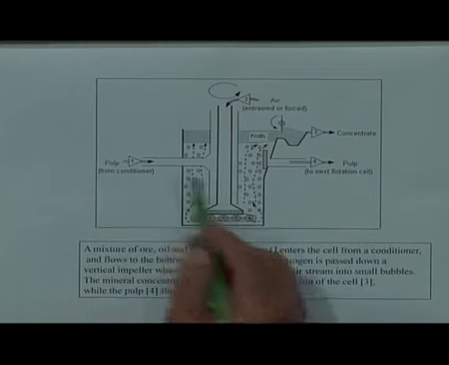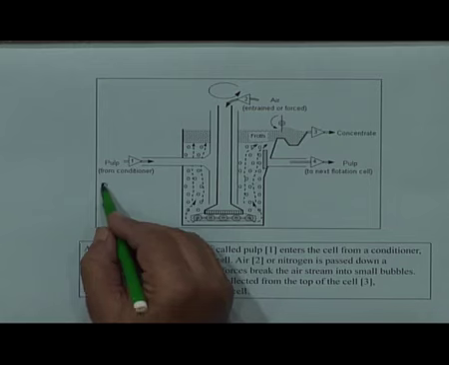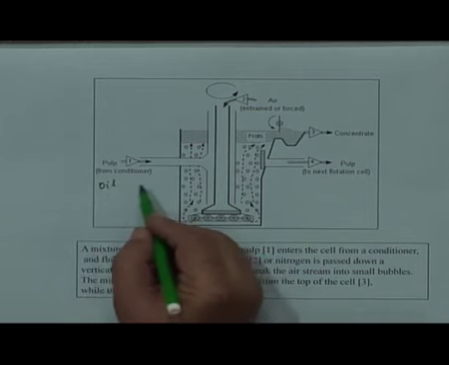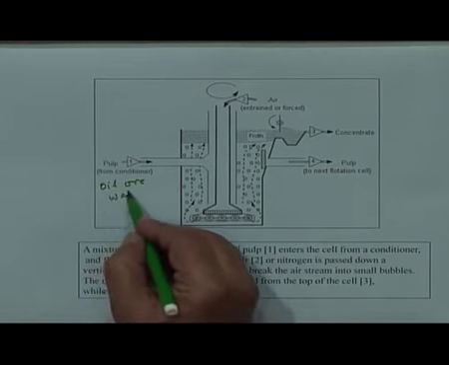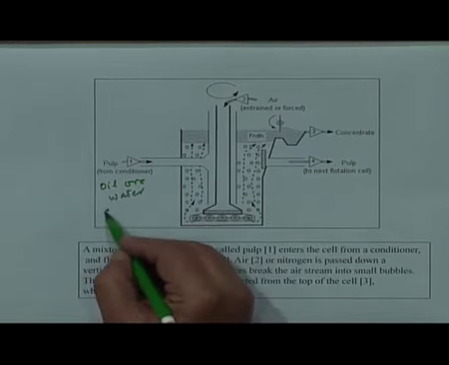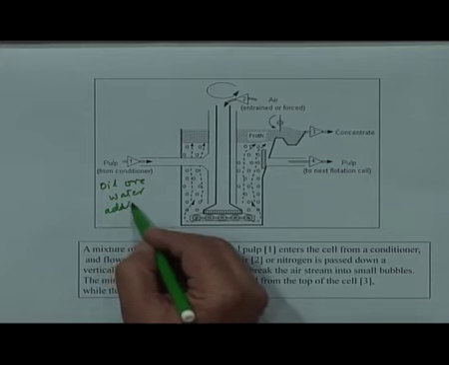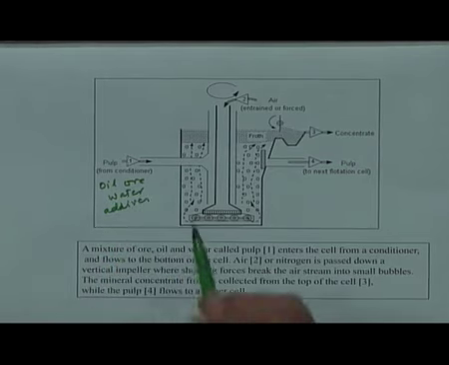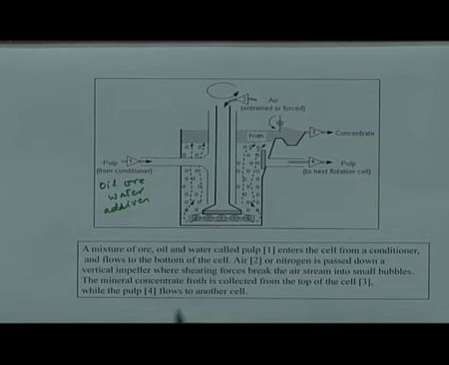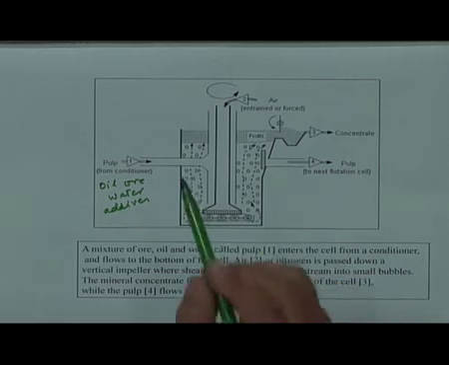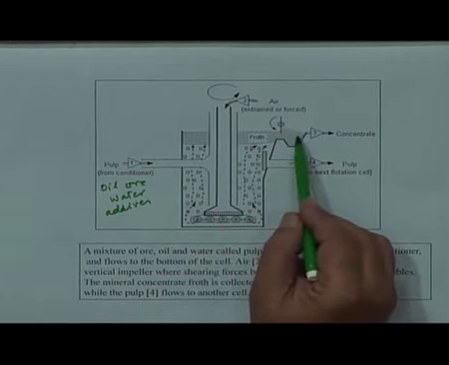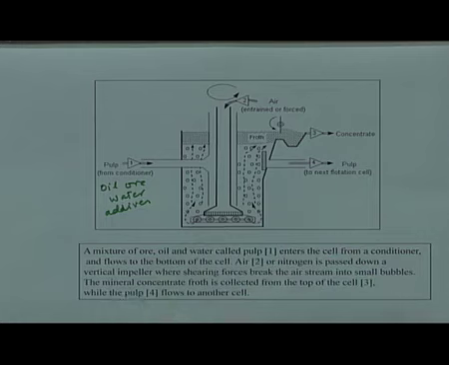Here the pulp is a mixture of oil, ore, water and all additives. This is pushed inside, and when the air comes, the froth is formed, and this froth is collected from the top of this container.